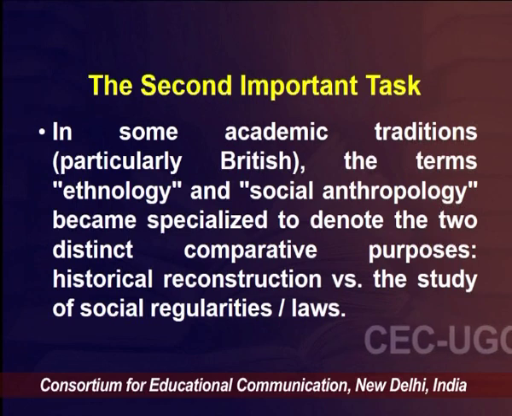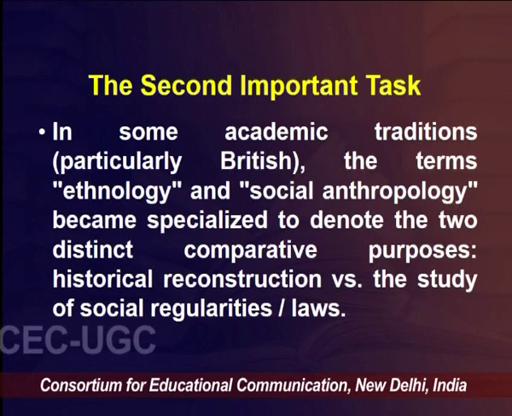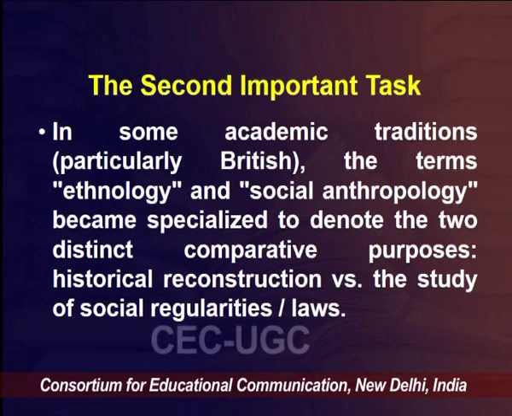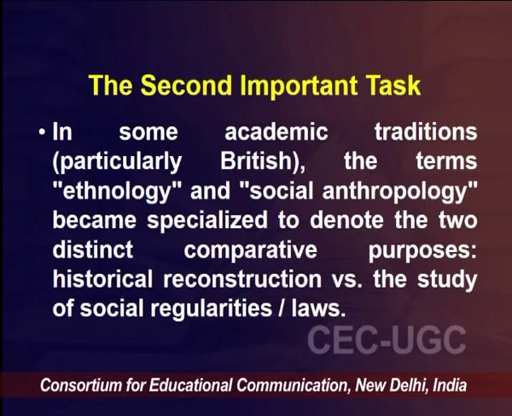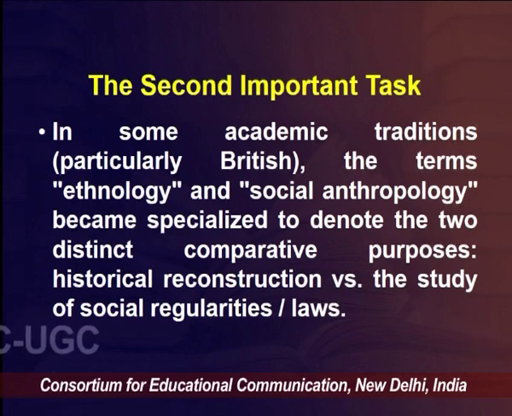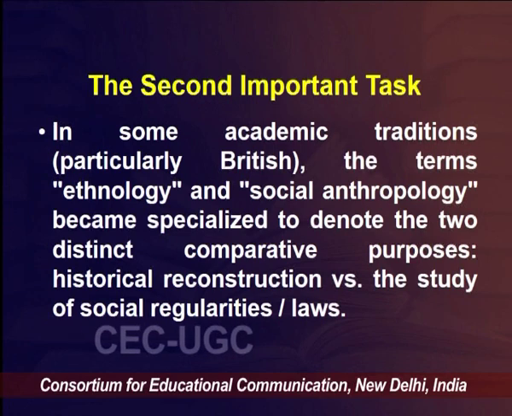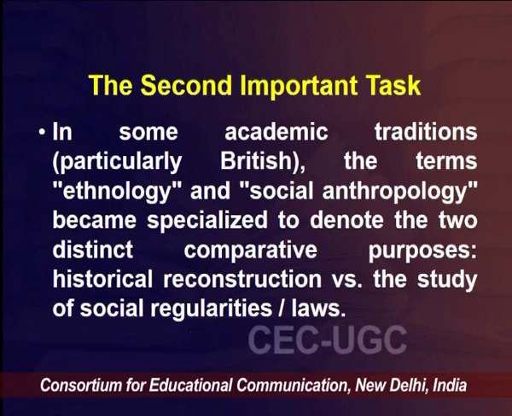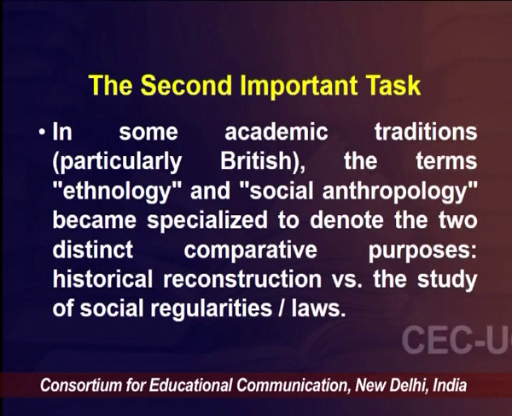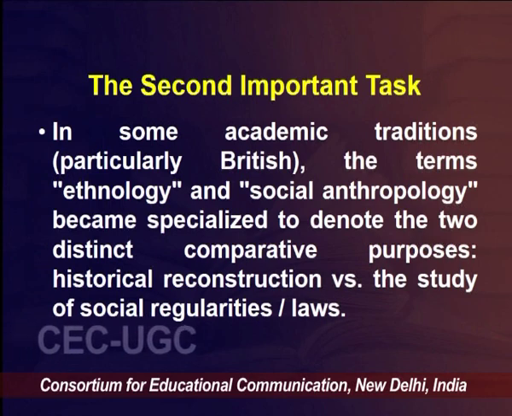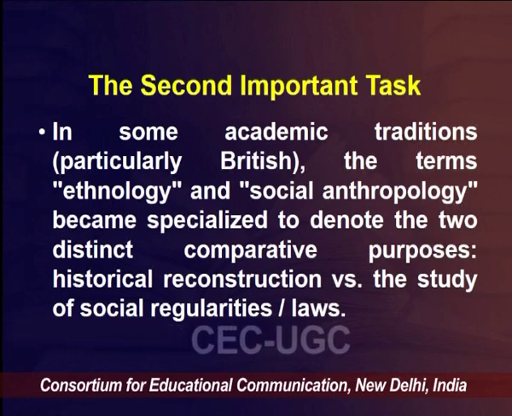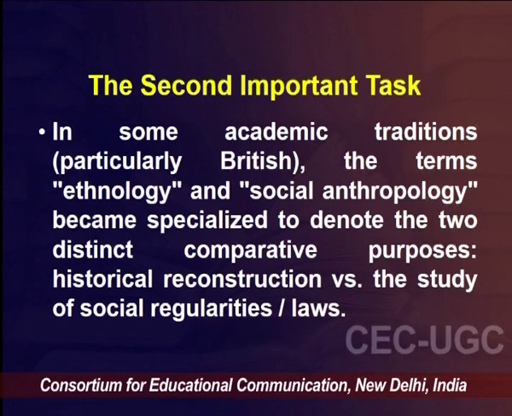In some academic traditions, particularly British, the terms ethnology and social anthropology became specialized to denote the two distinct comparative purposes. The first, historical reconstruction, and the second, the study of social regularity. So, it is very clear, ethnology is the task of historical reconstruction, and anthropologists are trying to arrive at laws helping to understand universal ways in which social orders are regulated.